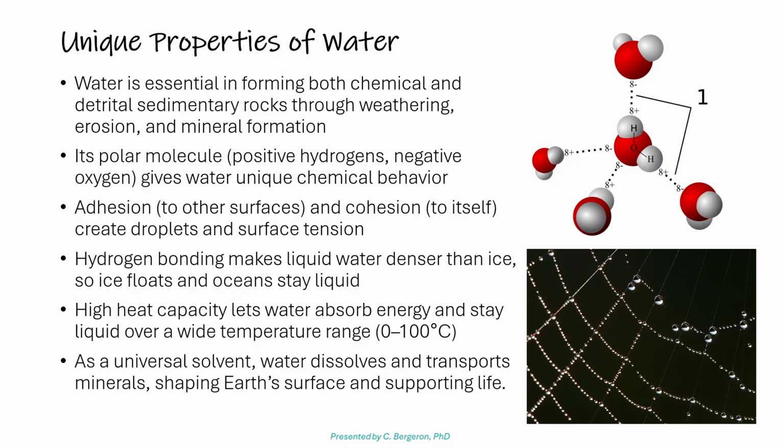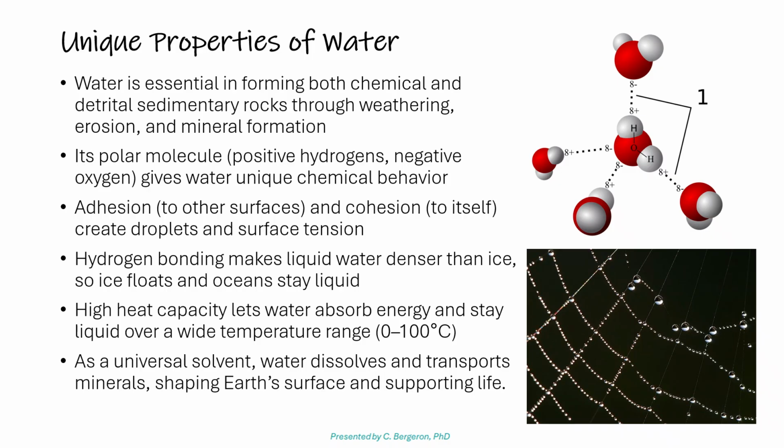And so this wide range across which water exists as a liquid, basically 100 degrees Celsius, from 0 degrees Celsius to 100 degrees Celsius, is really wide, and it's not seen in a lot of different natural liquids.